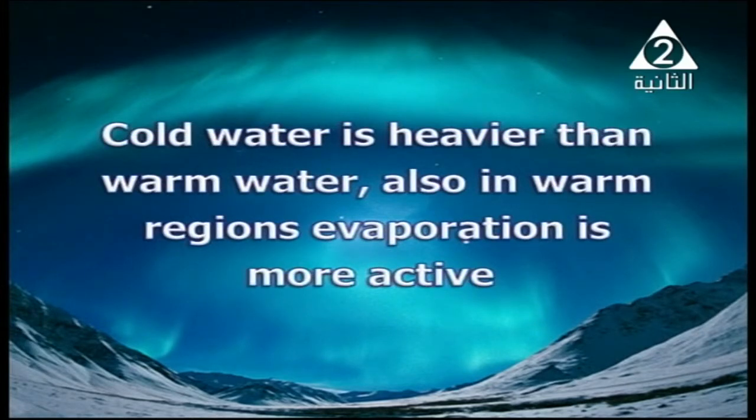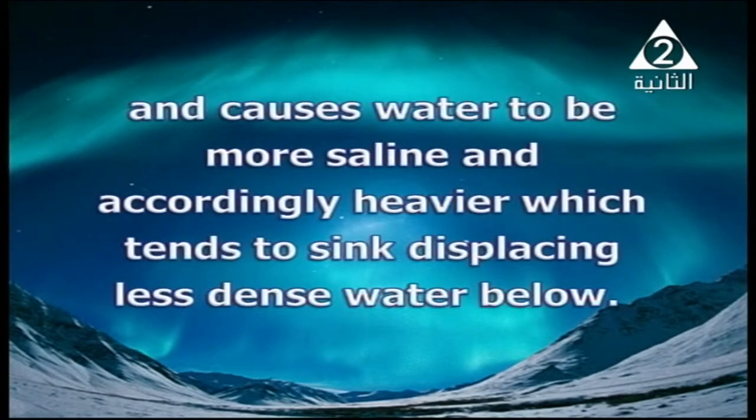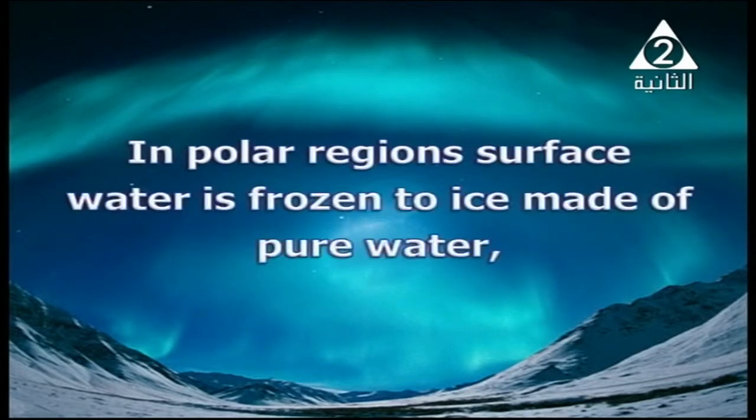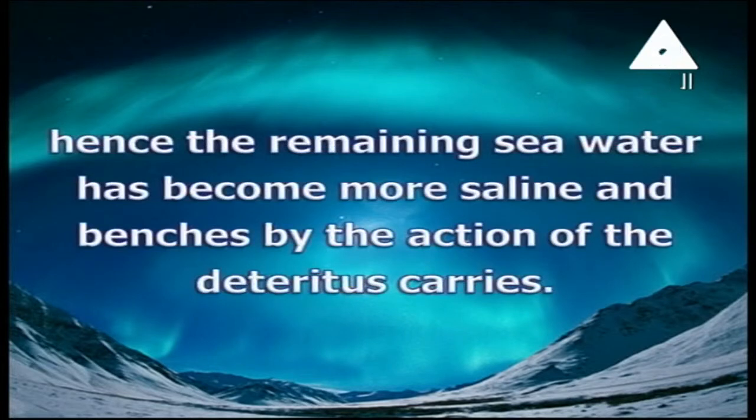Also, in warm regions, evaporation is more active and causes water to be more saline and denser, which tends to sink, displacing less dense water below. In polar regions, surface water is frozen to ice made of pure water. Hence, the remaining seawater has become more saline and denser.